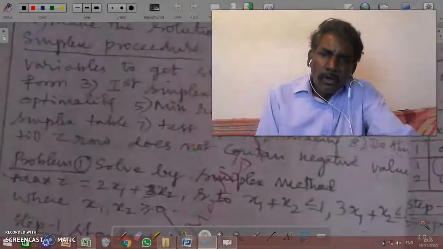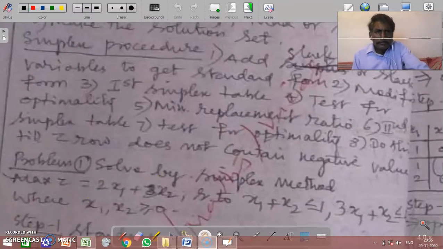The simplex procedure, algorithm, or technique, different terminology is used. So let us take that algorithm about how we can solve the linear programming problem using what is called the simplex procedure.